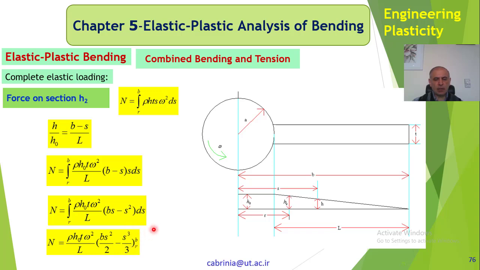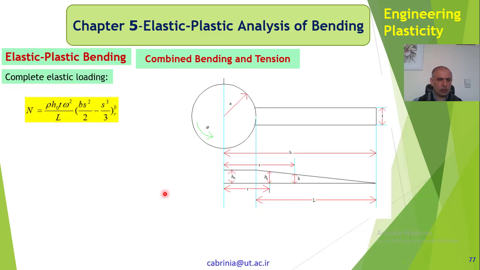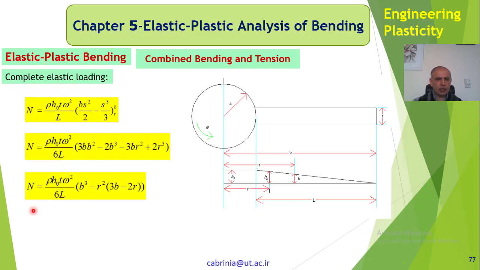Those are the limits of the integration. So I substitute these limits and I get this relationship, and I obtain N. Okay, so N is the normal force acting on any section H2.